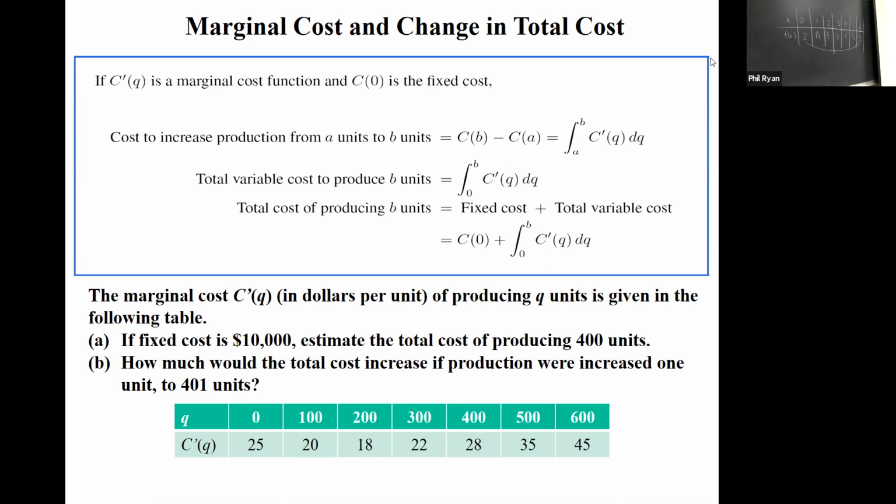Right, so that's going to be C(B) minus C(A), where A and B are the bounds of the integral. Another formula we get: what is the total variable cost? Well, it's going to be the integral of marginal cost from 0 to wherever we're trying to figure out the total variable cost is.